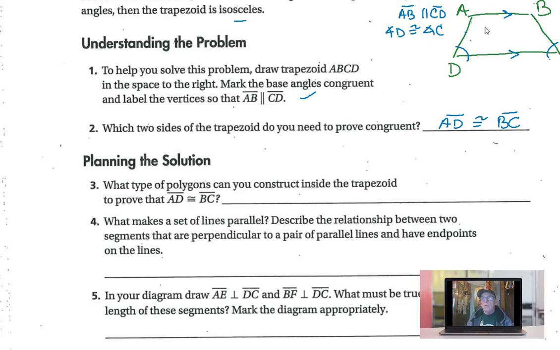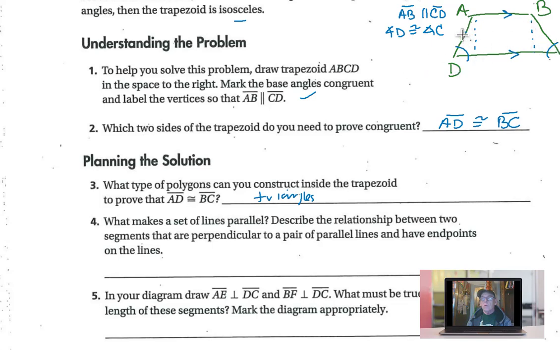We could do something with triangles. Now we could do maybe a triangle down this way and one there. We have congruent angles, maybe something with that. This distance would be the same. There'd be a right angle, angle, side.